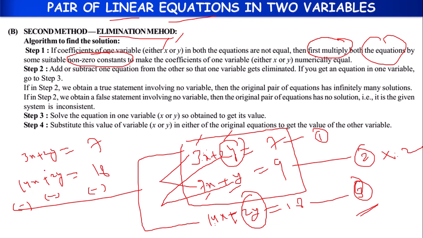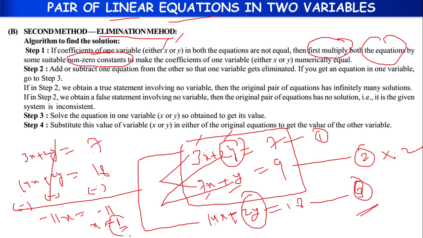what happens? Plus 2y minus 2y get cancelled. So 3x minus 14x is minus 11x, equal to 7 minus 18, which is minus 11. The minus 11 cancel, x equal to 1. This value we will get.